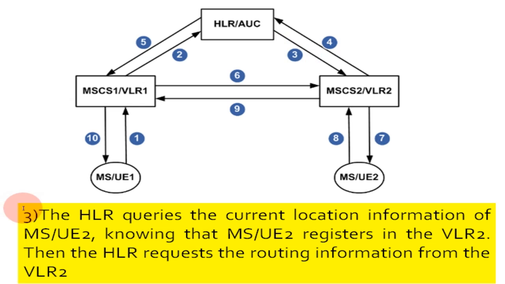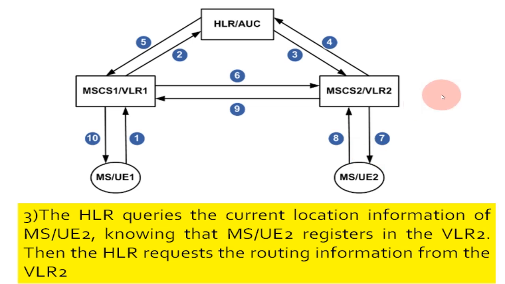In step 3, what do we have? Step 3, the HLR queries the location of MS2, knowing that MS2 is registered in VLR2. Then the HLR requests the routing information from VLR2. So this HLR is going to query the particular MSC or the particular visitor location register where MS2 is located.